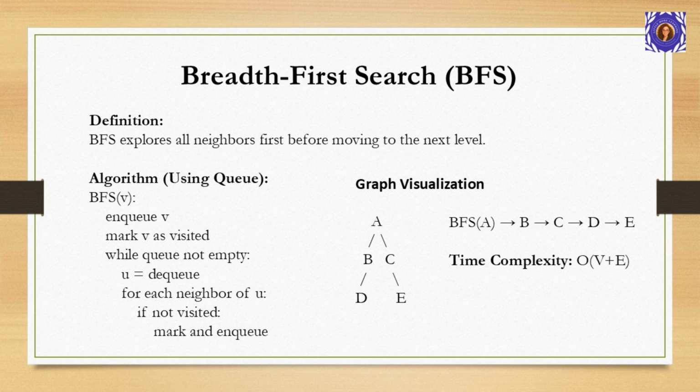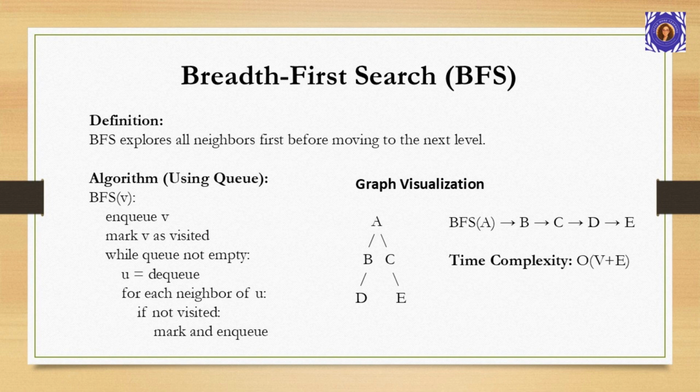Q: D, E. Dequeue D, no unvisited neighbors. Q: E. Dequeue E, no unvisited neighbors. Q is empty. Traversal order, A, B, C, D, E.